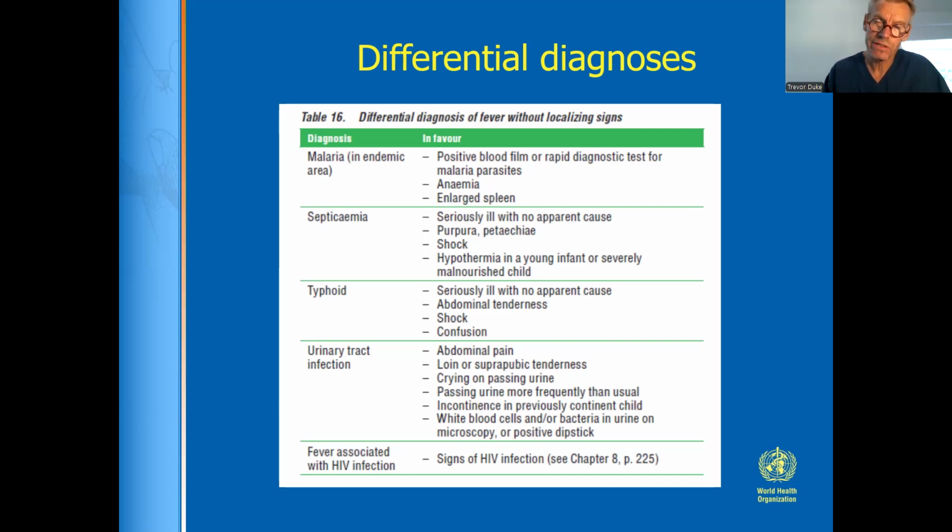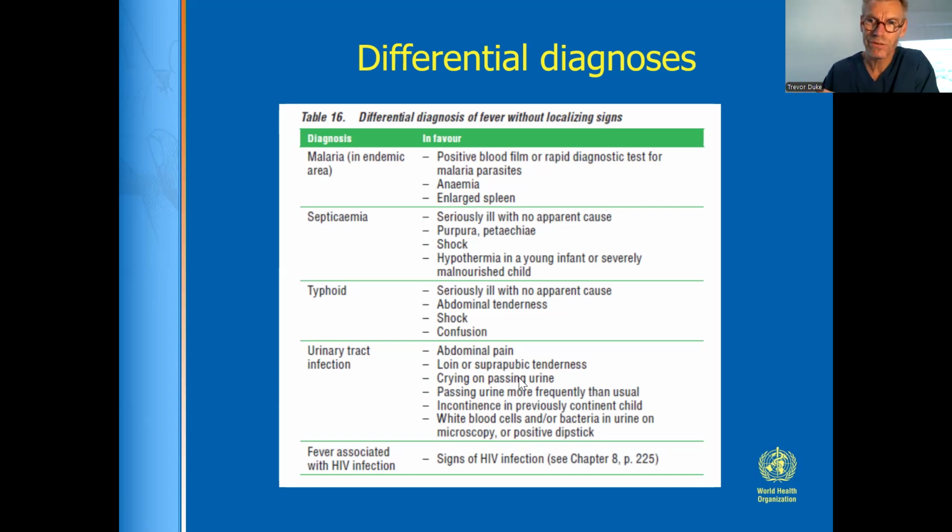And then urinary tract infection. Certainly in an older child, they can have a localizing symptom, like dysuria, painful urination, or frequency of urination. But in an infant, often there are no localizing signs at all. They won't have any signs but fever, and that would be common.